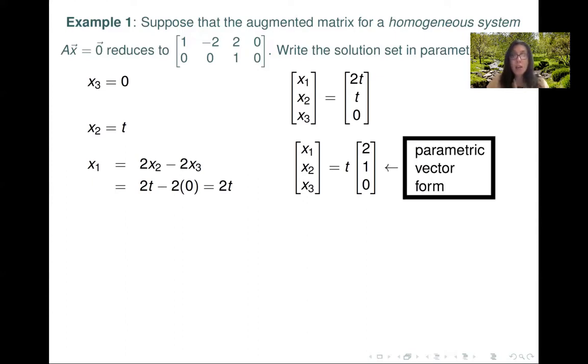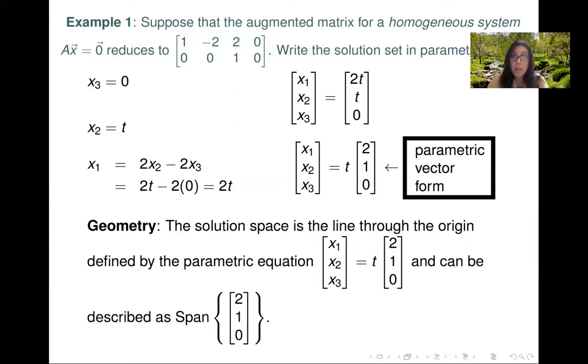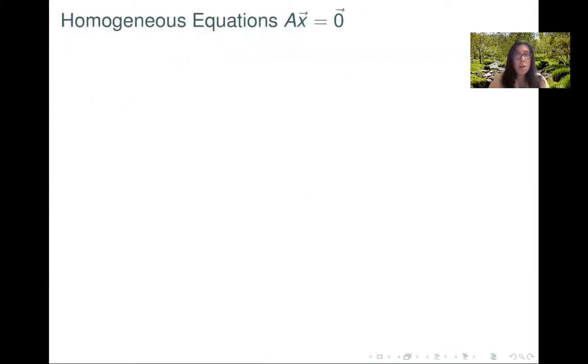We call that factored form for the parametric solution the parametric vector form. And again, geometrically, the solution space is a line through the origin and is defined by that parametric vector equation, all of the multiples of the vector 2, 1, 0. Another way of thinking about that is the span of the vector 2, 1, 0.